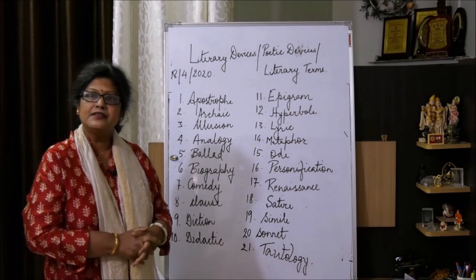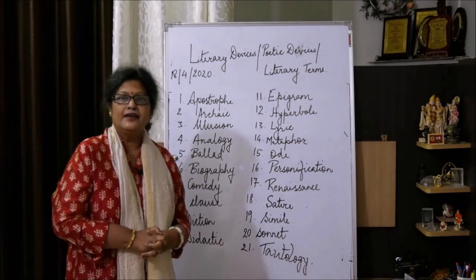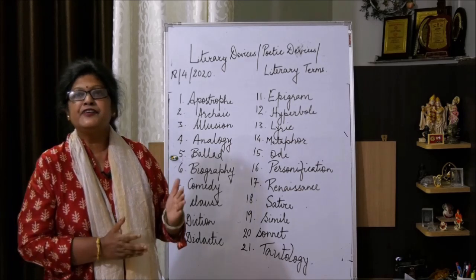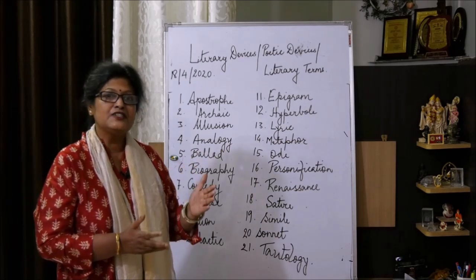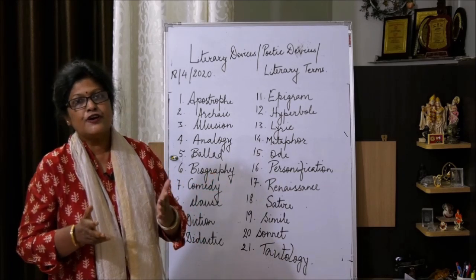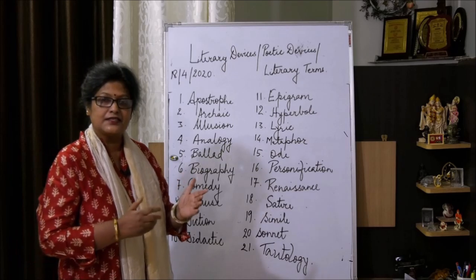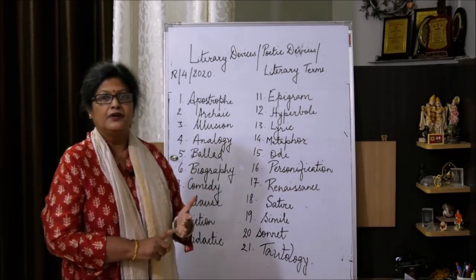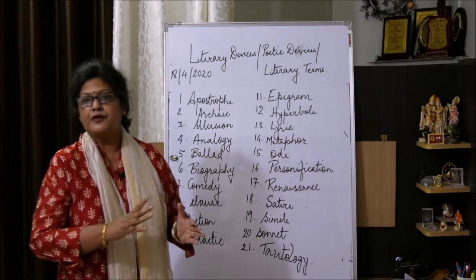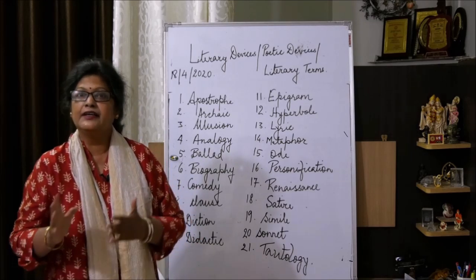The Petrarchan type of sonnet is that sonnet in which we have 2 verses. The first one is the octave, that is of 8 lines, and the second verse is of 6 lines, that is called the sestet. In the octave, an issue is raised, and that issue or problem is resolved in the sestet.